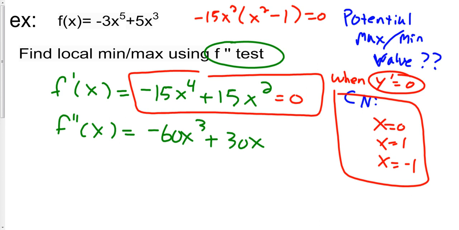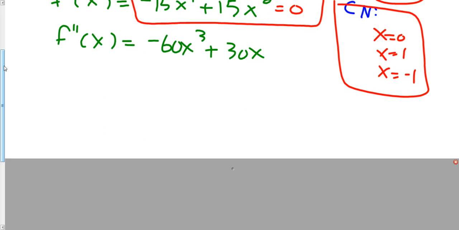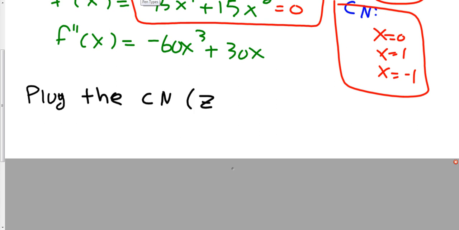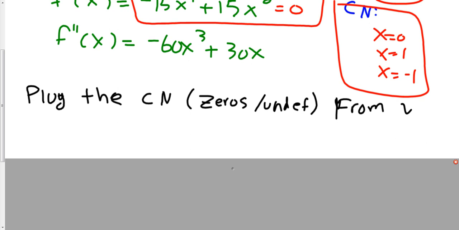So what I want to do is take these critical numbers, and maybe you should keep this as a note. Plug the critical numbers, which is the zeros and undefined, from y prime into y double prime.